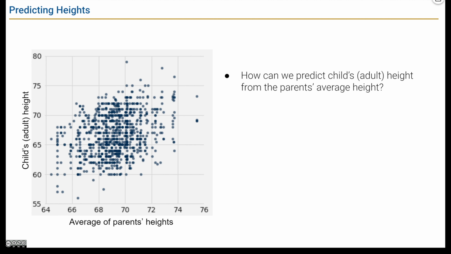He collected heights of parents and took their average height, and then collected the height that their children grew up to be, so the child's adult height. He was interested in seeing if he could come up with a model that used the average of the parents' heights to predict what adult height their children would have.